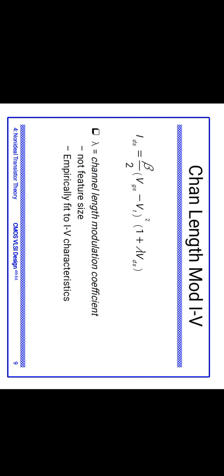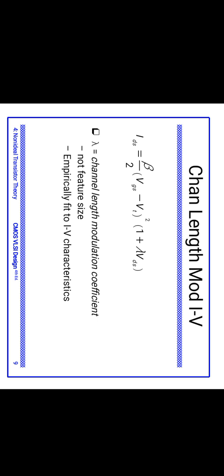IDS in saturation region is given by IDS is equal to beta by 2 into (VGS minus VT) the whole square into (1 plus lambda VDS), where lambda is the channel length modulation factor.